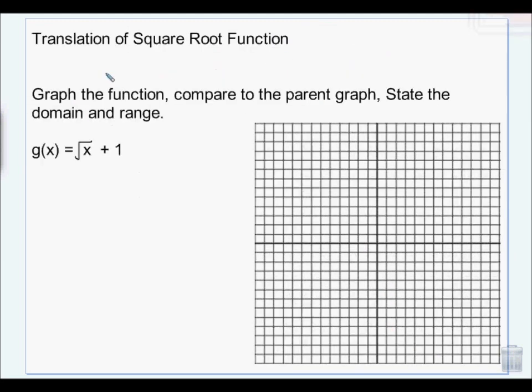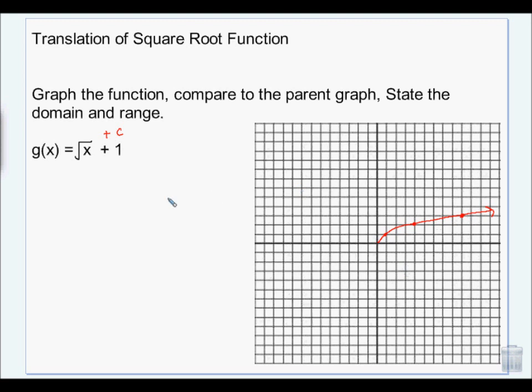Now we have the translation. Okay, here I have this plus 1 on the outside. This is that C, because it's on the outside of the radical. Alright, so I'm going to again do the parent function. So here's the parent function in red.